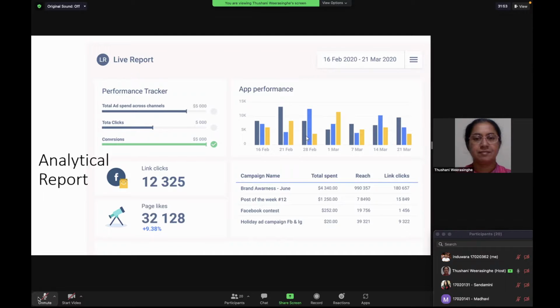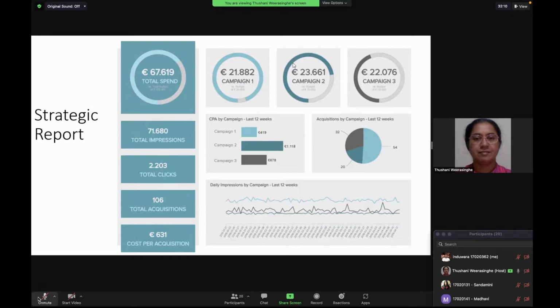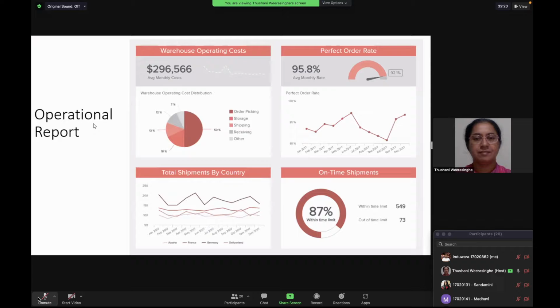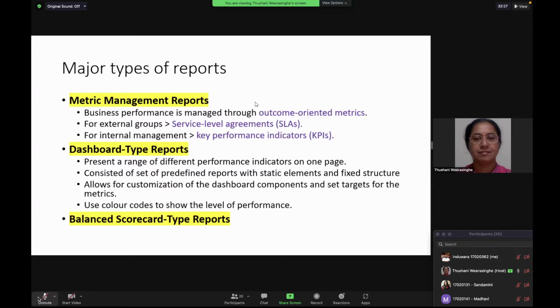Whenever you think about analytical reports, you have to think about their users and accordingly what sort of information you should show them. This is about the strategic reports, for the company targets, and likewise operational reports just to see what is happening. I have explained these things in the video. Please look into those for more information.